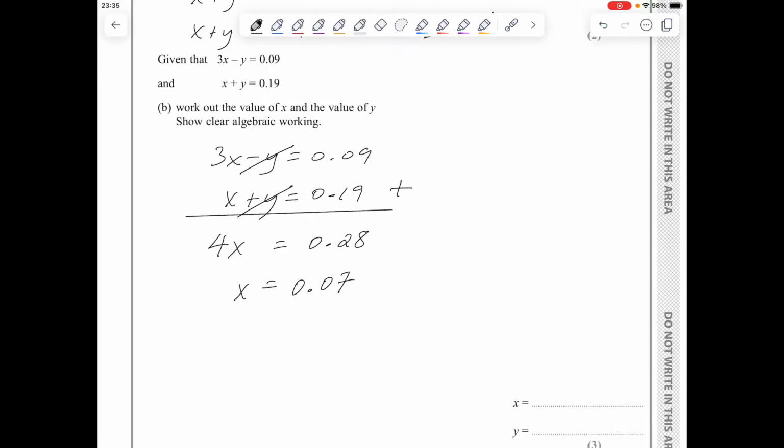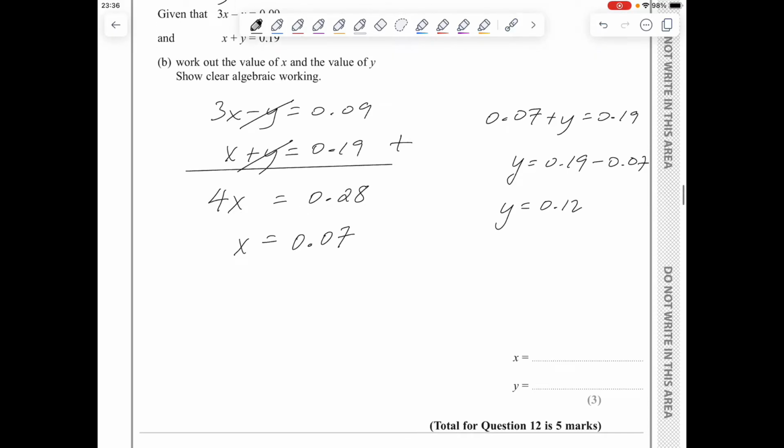And I'm going to replace x with 0.07 in the second equation. So I get 0.07 plus y is equal to 0.19. So y is 0.19 minus 0.07. y comes out to be 0.12. And 0.07 and 0.12 are my final answers.